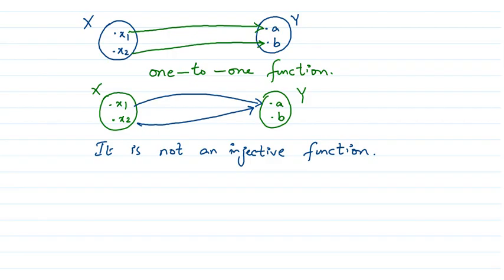So this is the main concept: if two distinct elements of X are sent to the same element of Y, like x1 and x2 both mapped to a, then that function is not a one-to-one function. Right? So let's do an example where we have to identify whether a given function is injective or not. For example, let me start with the first one.